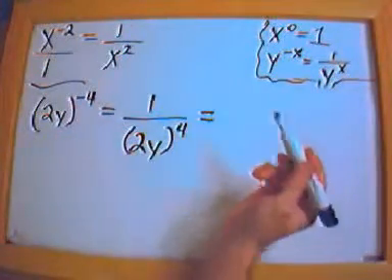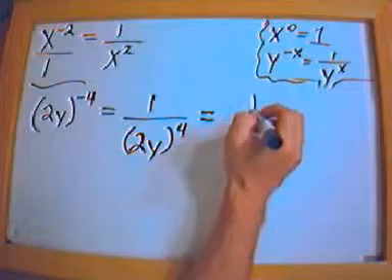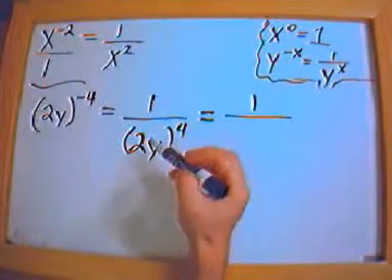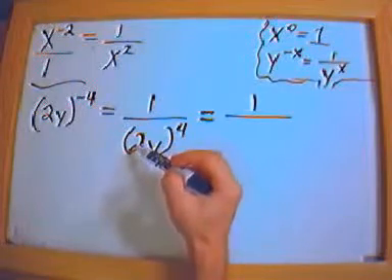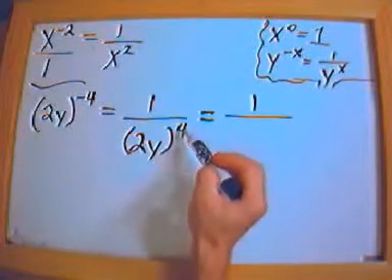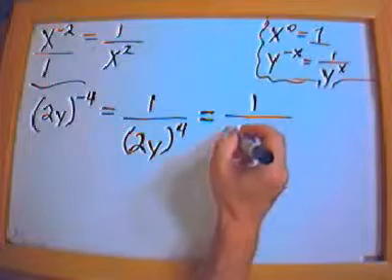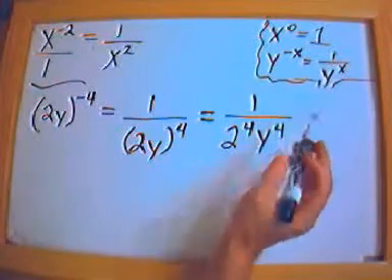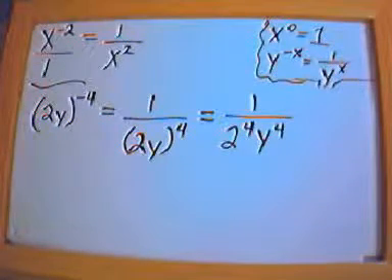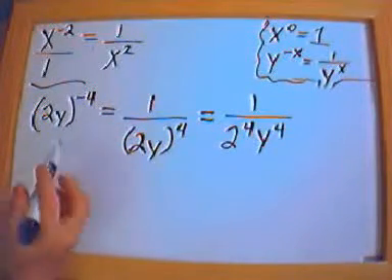And I could just leave this as the answer, but I'm going to go ahead and simplify it a little bit more, because remember, from the previous video, if I have two things and the product of them are raised to the power, I can simply write that as 2 to the 4th y to the 4th, and you can look in the previous video for that. So that is the full-blown simplification of this.